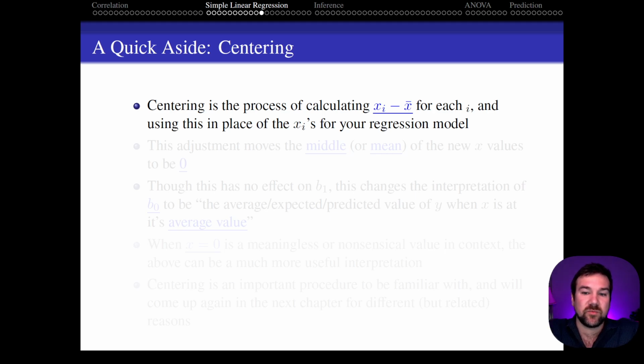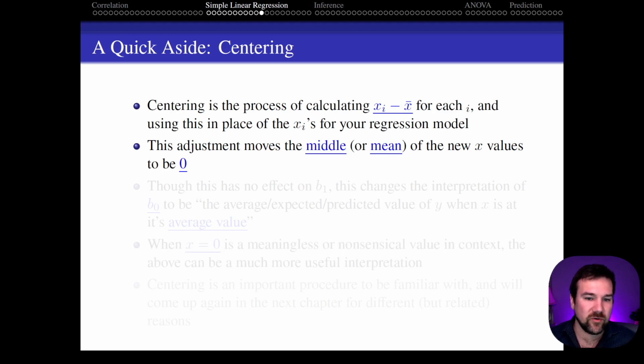So centering is the process of taking the independent variable and subtracting its mean value from it for each observation. So I take each observation, subtract the overall mean, and then I get this new number. That new number that I get after subtracting the mean, I use that in place of x in all of my equations. So I essentially update x to now be every x value minus its mean in the regression.